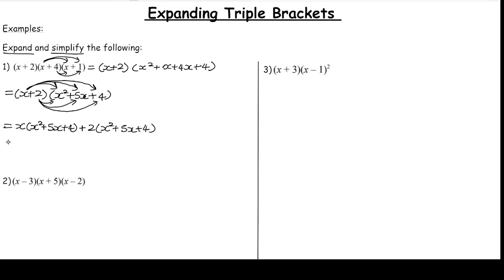Expanding each of these out as single brackets, we've got x cubed plus 5x squared plus 4x plus 2x squared plus 10x plus 8. Do we have like terms? Yes, we do. We've got 5x squared and 2x squared.